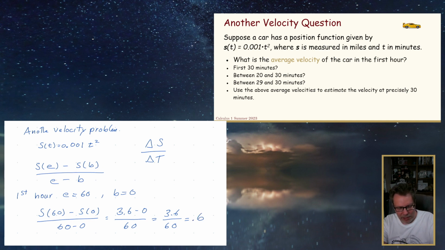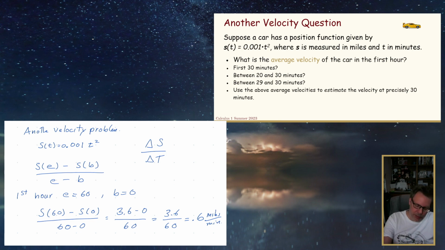Now that doesn't seem like an average velocity, but remember this is in miles per minute. That's actually a decent speed. This is an average velocity over the first hour.